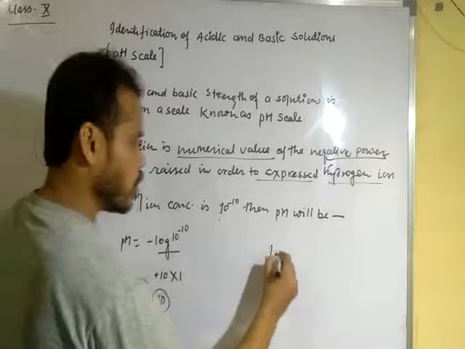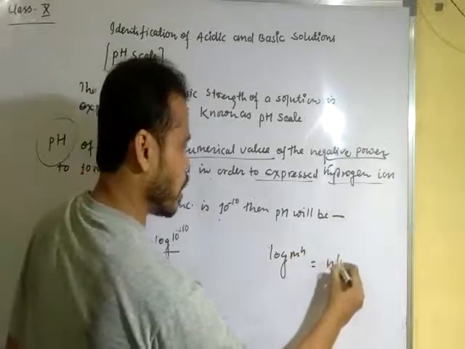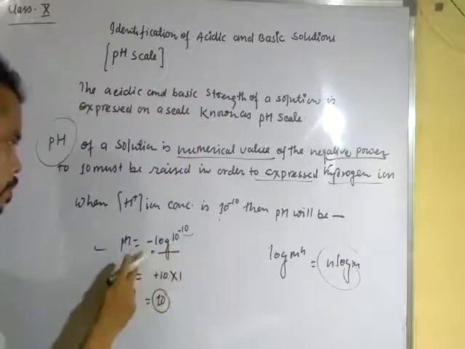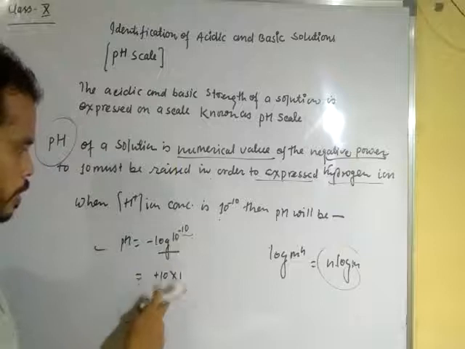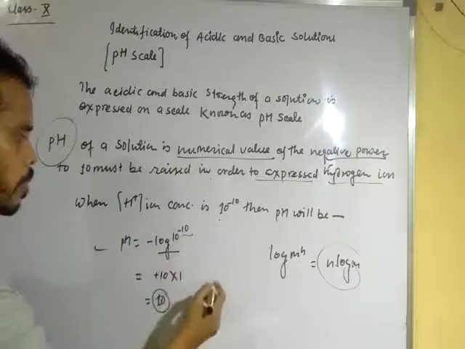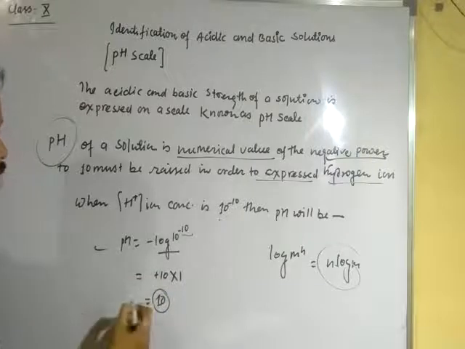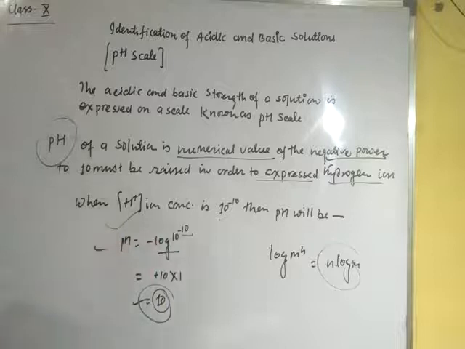We know that log m to the power n is equal to n log m, so the 10 will come in front of the log and multiply with log 10, and the value of log 10 is equal to 1. So 10 into 1 is equal to 10. The pH of this concentration of ion in the solution is 10.